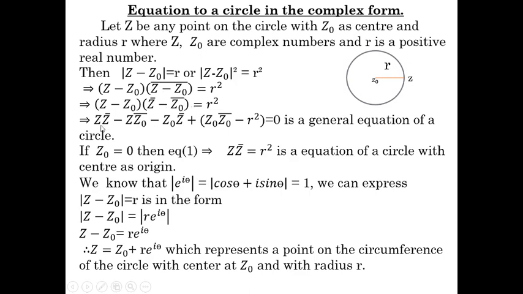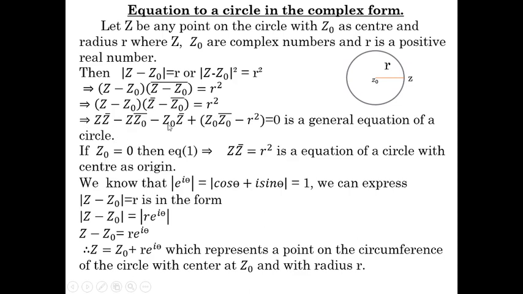Multiply, we get z z bar minus z into z0 bar minus z0 into z bar, minus into minus is a plus, z0 into z0 bar minus r square is equal to 0, where z0 is a constant number, z0 its conjugate is again constant and r is also constant. Therefore we are grouping these. This is equal to 0, which is the general equation of a circle.